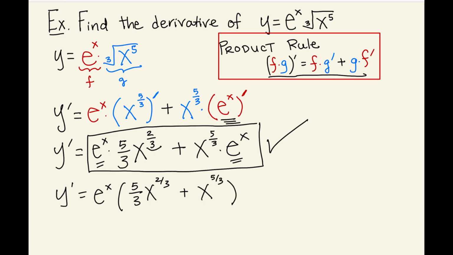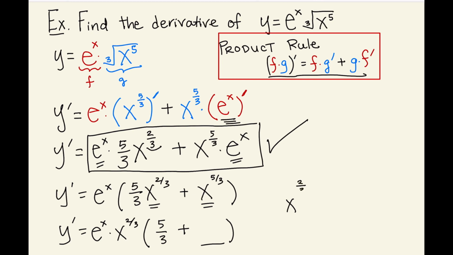Okay. You could also factor out the lowest power of x that appears. So that would be x to the 2/3. And that would leave me with 5/3 plus, and you might be wondering what goes here, but you just need to think, so what do I have to multiply x to the 2/3 by in order to get x to the 5/3?